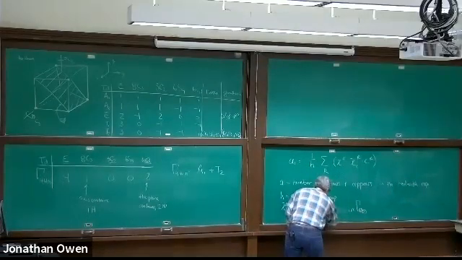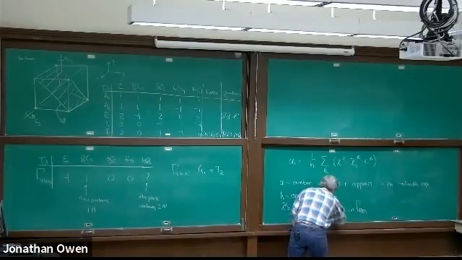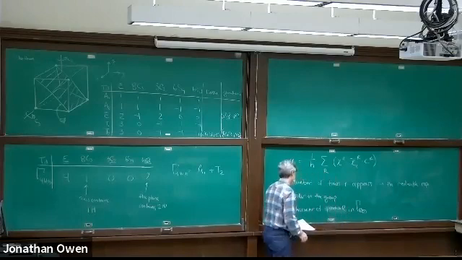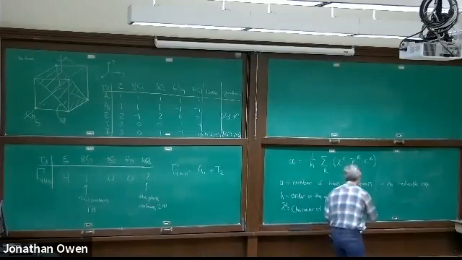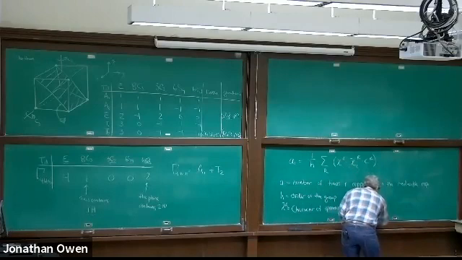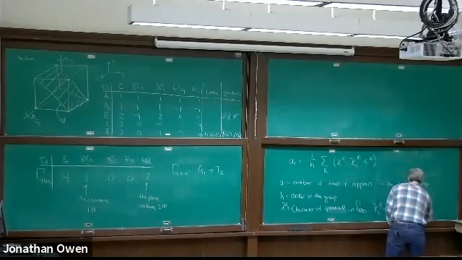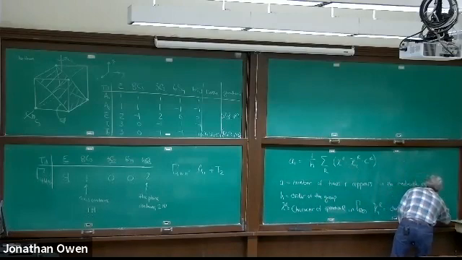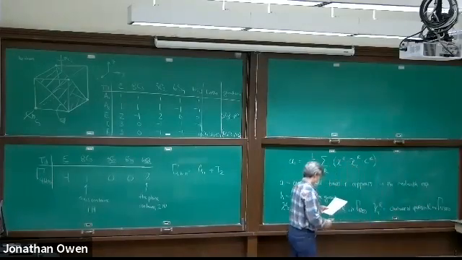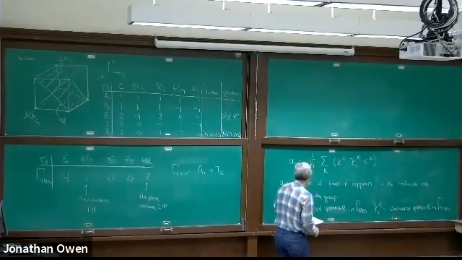Character of operation R, reducible representation. And then C is the number of members in the class.